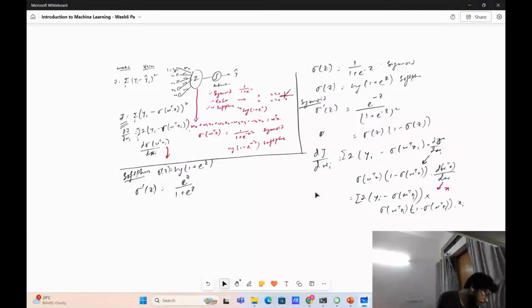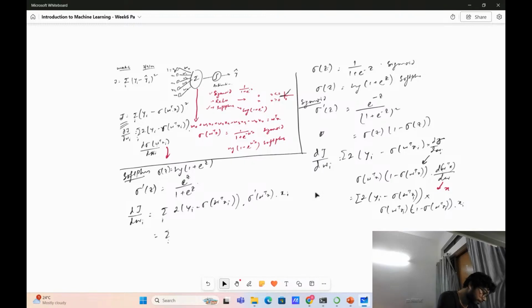And similarly, the derivative of the cost function would be the summation over i of twice of (y_i minus sigma of w transpose x_i) times sigma prime of w transpose x times x_i.